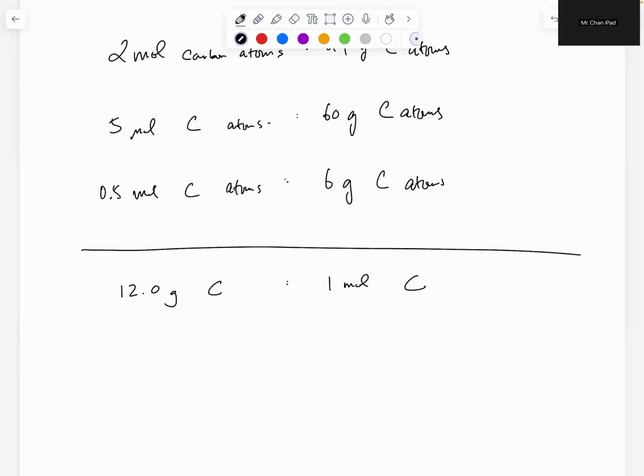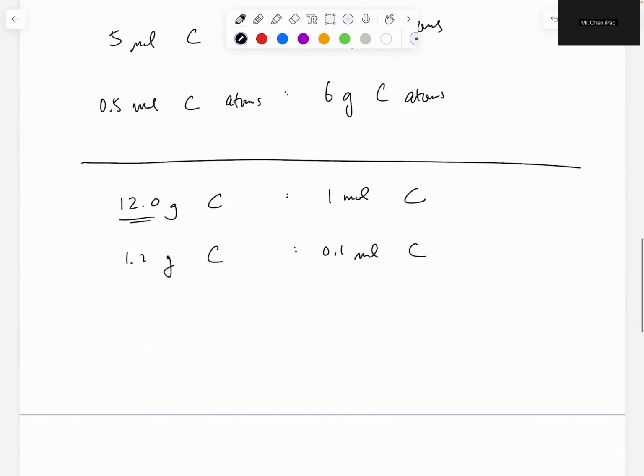And that is, you know 10% of every single number. What is 10% of 12? 1.2, right? So 1.2 grams of carbon is to 0.1 mole. Right? So if I somehow say, oh, what about 3.6 grams of carbon?